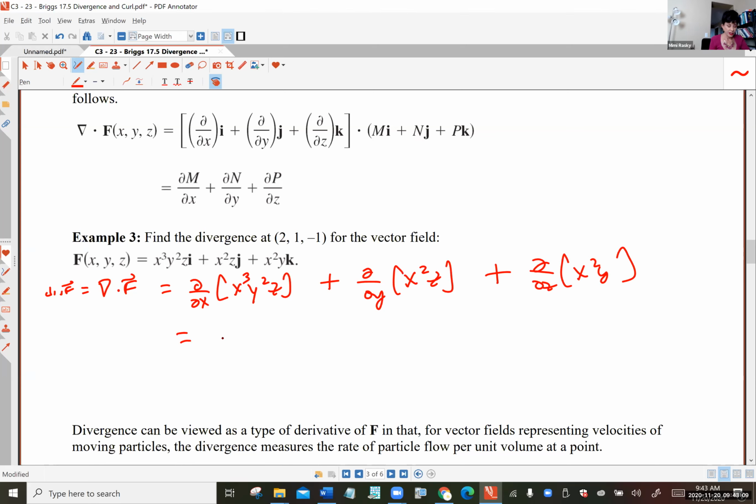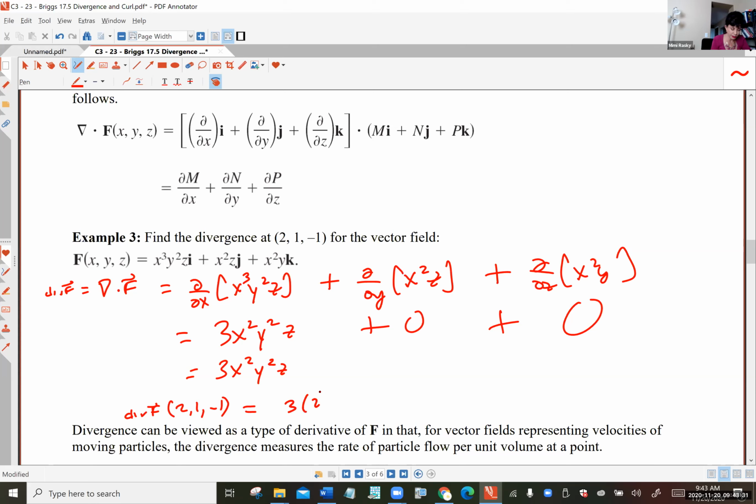Easy. So I think this one's going to be 3x squared y squared z. This one's going to be 0. That one's going to be 0. So all we get is the divergence is 3x squared y squared z. Then what is the divergence of F evaluated at the point (2, 1, -1)? Well, you just substitute. So you have 3 times 2 squared times 1 squared times negative 1. And I get negative 12.